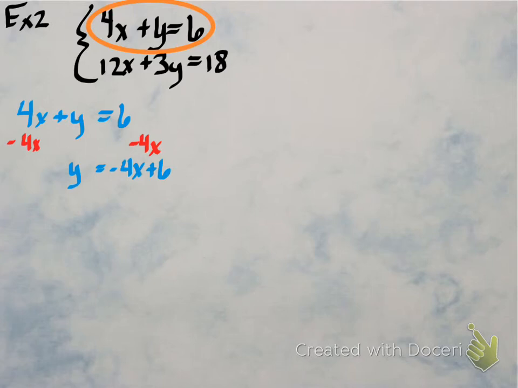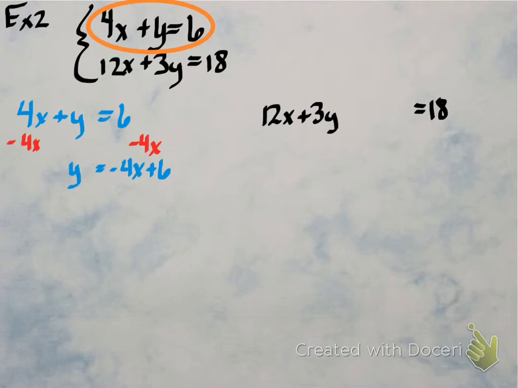Now I am going to take the other equation, 12x plus 3y is equal to 18, and substitute that negative 4x plus 6 in for y.